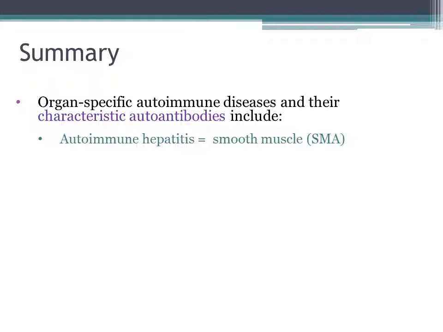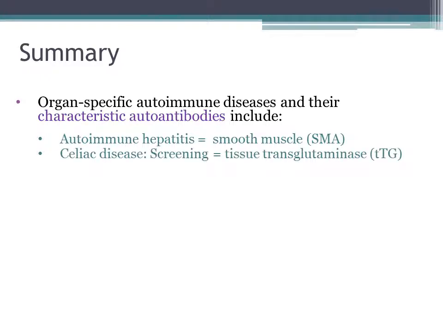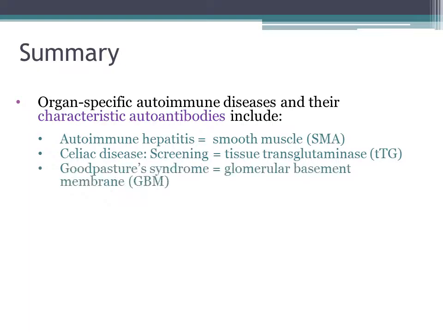In autoimmune hepatitis, they typically have antibody to smooth muscle, or SMA, smooth muscle antibody. Celiac disease, there's a number of potential screening autoantibodies, but right now it looks like the tissue transglutaminase is most specific for celiac because nearly everyone with celiac disease does have that one.